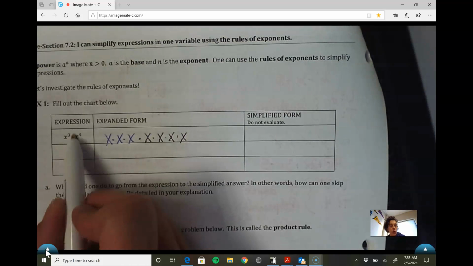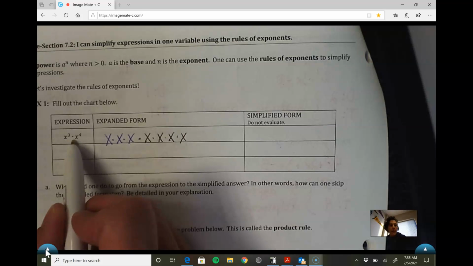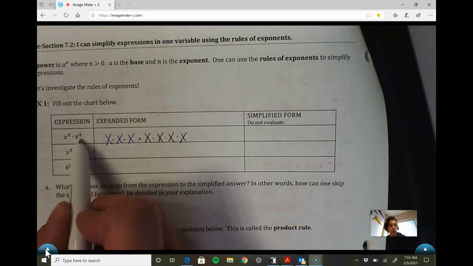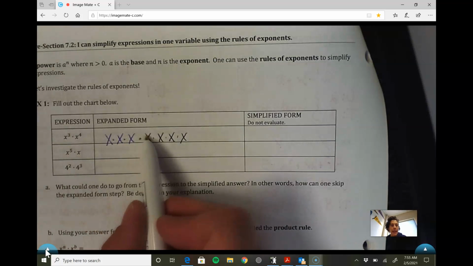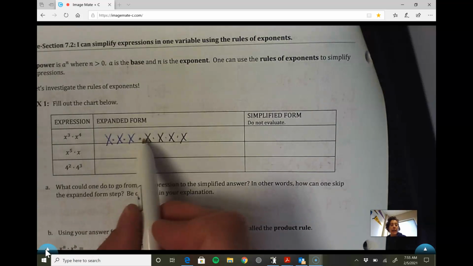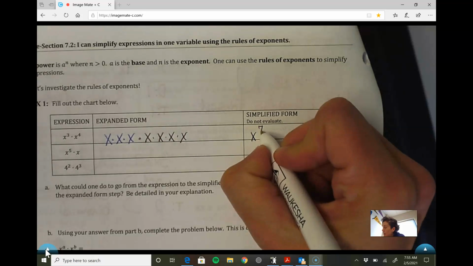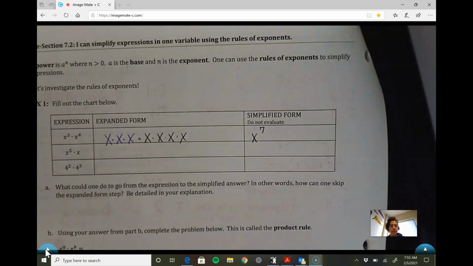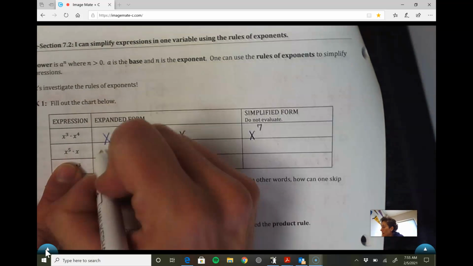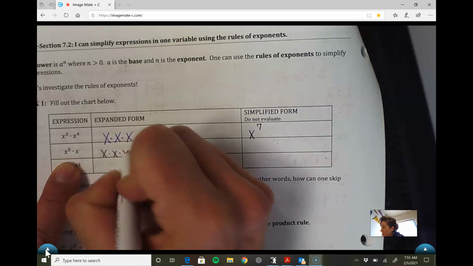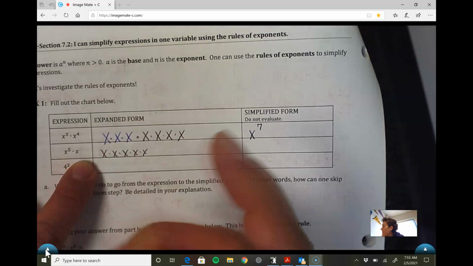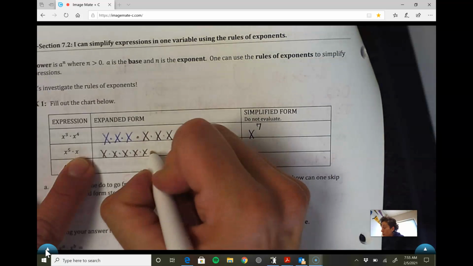So if this is a shortcut for multiplying x 3 times, and this is a shortcut for multiplying x 4 times, then I can realize that if I'm multiplying x 7 times, I can just write it like that. What this one is, again, is x 5 times, and then we have another x, but just once.